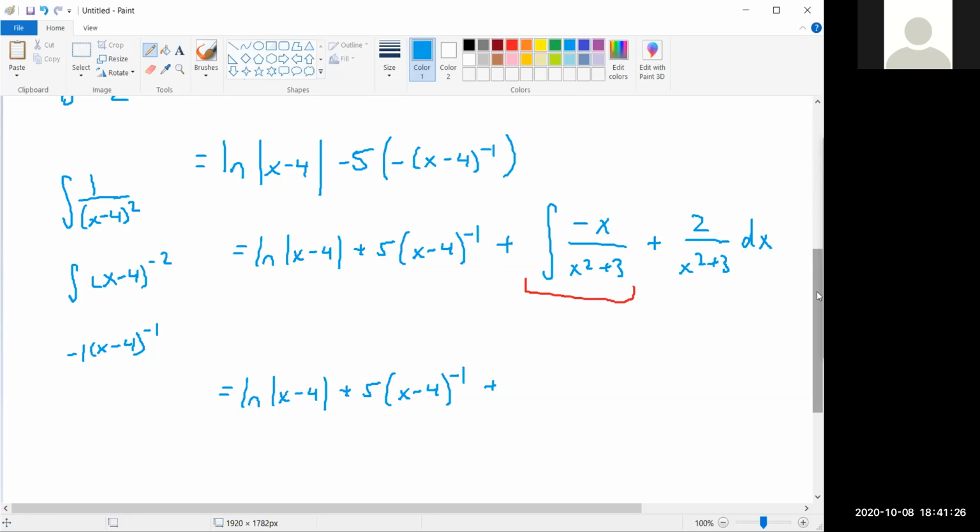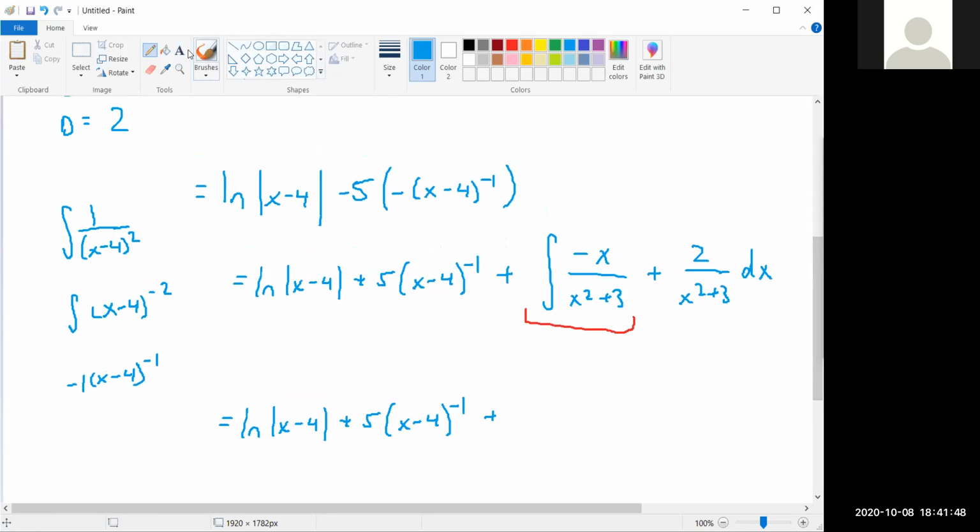Does anyone see how that one works? I'll give you a hint. It's something to do with ln. All right, so let's do it on the side.